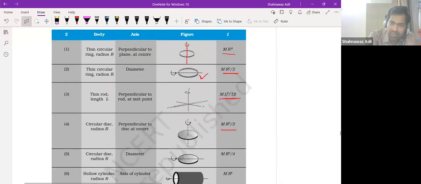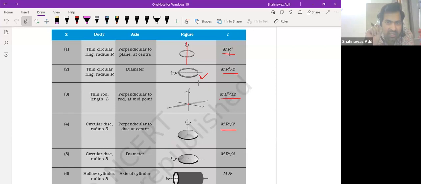You see that this is mr square, this is mr square by 2, this is ml square by 12, all these values. With these values, we define a radius of gyration.